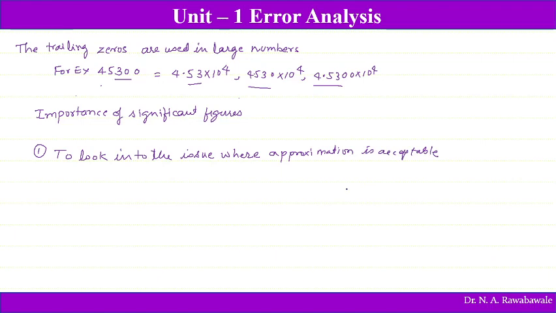Approximation is acceptable in the sense, for example, we are using the number pi. The actual value of pi is 3.141535897 and so on.